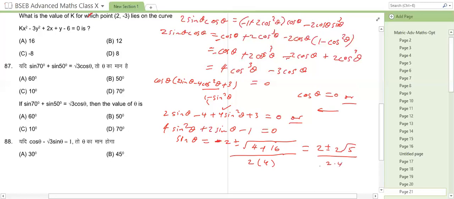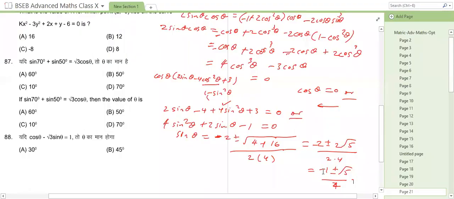So 2's cancel out. Sorry, should be a minus there. So it should be minus 1 plus minus square root of 5 over 4.